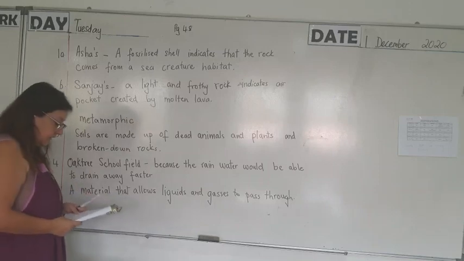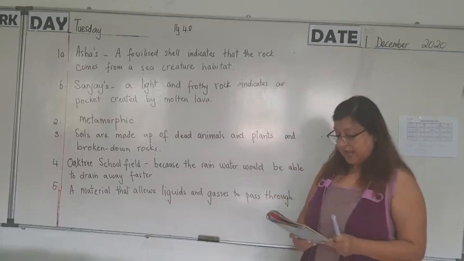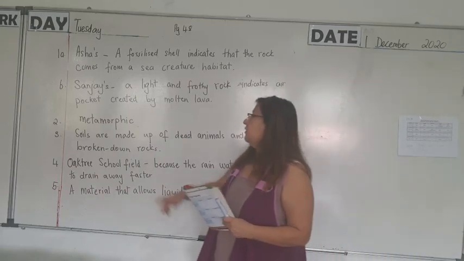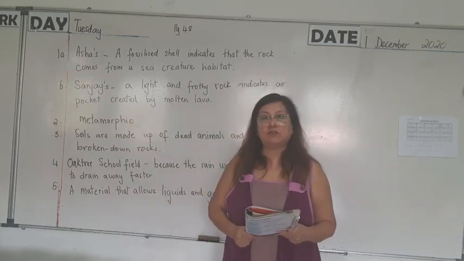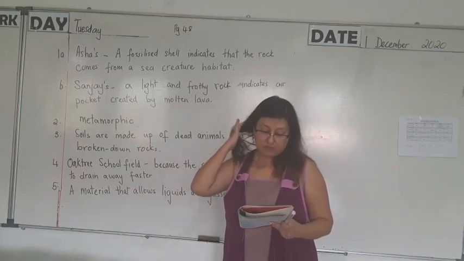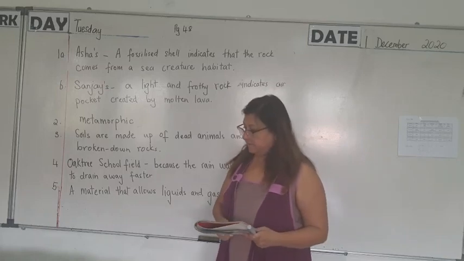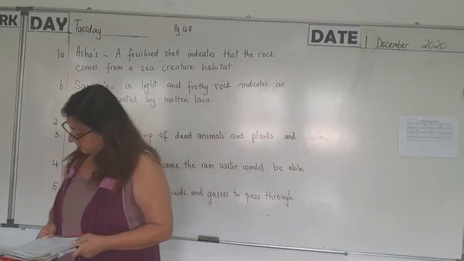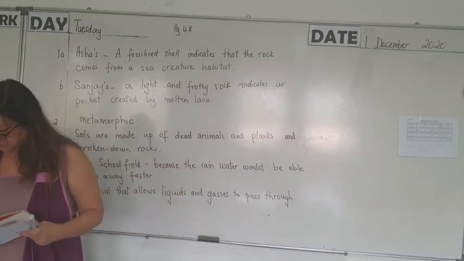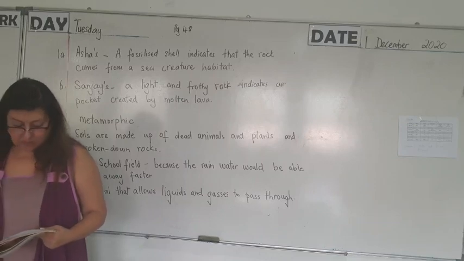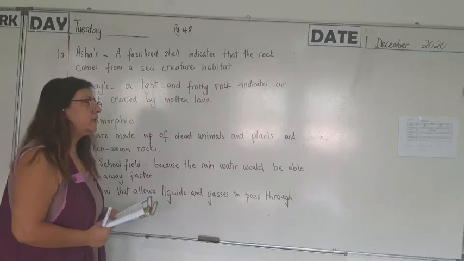Okay, number 2, circle the name of the rocks changed by temperature and pressure. So, metamorphic rocks are the rocks which are changed because of temperature and pressure. So, circle metamorphic. Okay, the next one. What are soils made of?